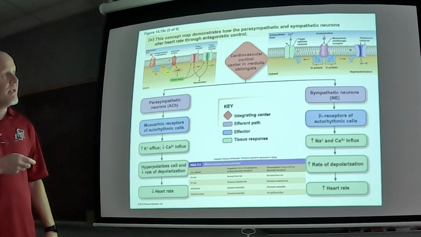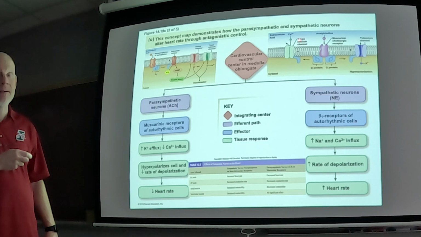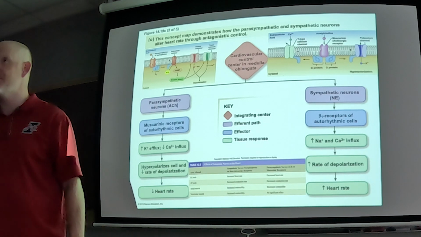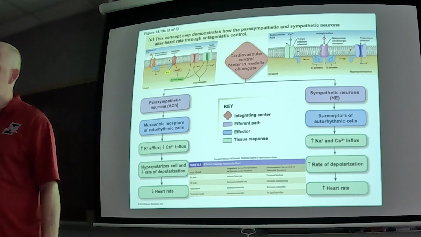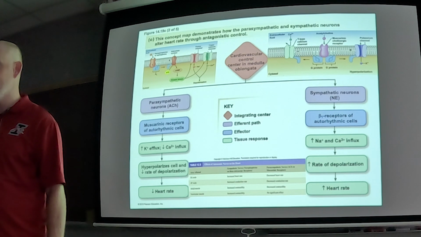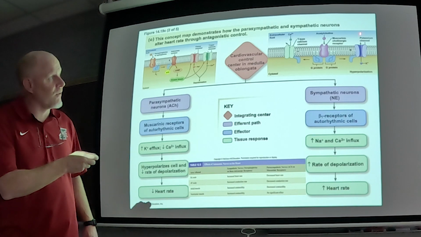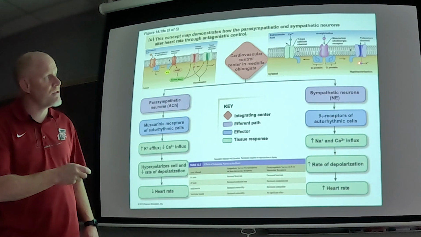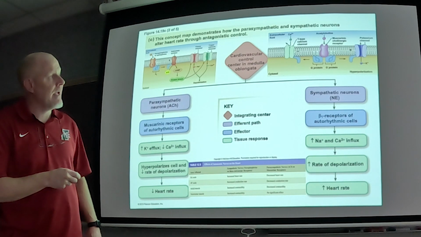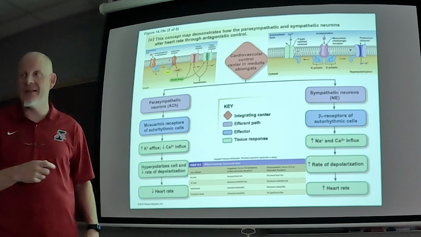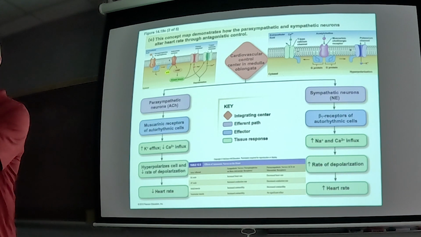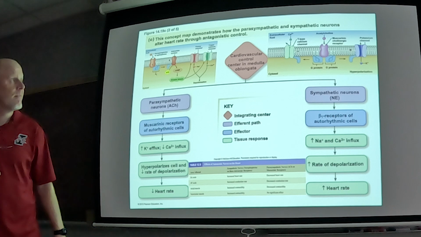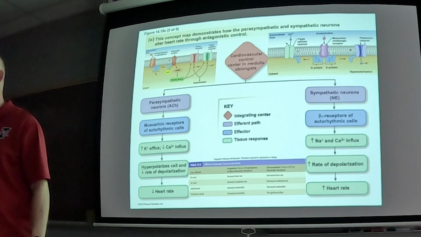Notice what it does. It opens potassium channels and closes T-type calcium channels. Remember, the T-type calcium channel is the last channel in the funny current that pushes at the threshold, right? So you're hyperpolarizing, allowing positive charge out, and you're preventing that last push of the funny current to reach threshold.